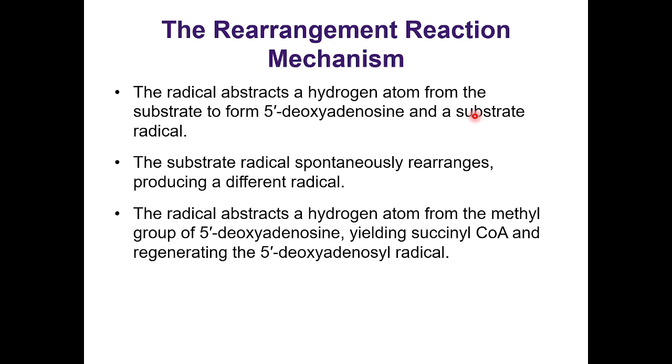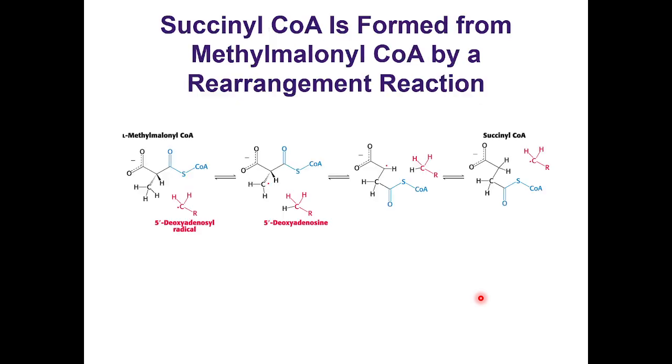Remember, in organic chemistry, we had those damn methyl shifts and all sorts of activities going on, right? Rearrangements where the radical was going on oxygen, etc. Okay? So the radical is going to abstract the hydrogen atom from the methyl group of the 5' deoxyadenosine. This will yield the succinyl-CoA and regenerate the 5' deoxyadenosyl radical.